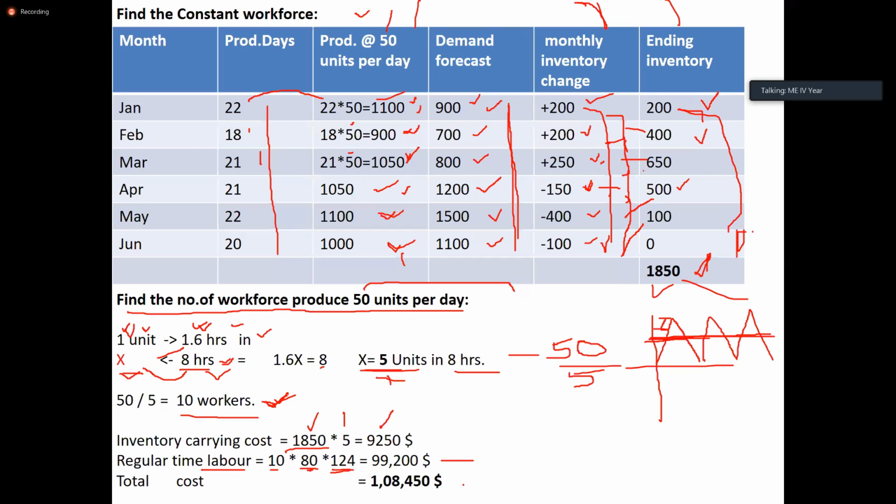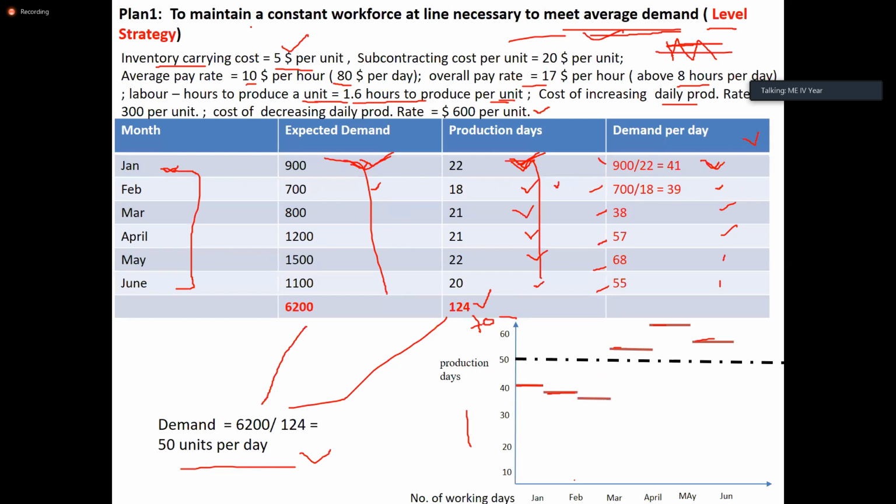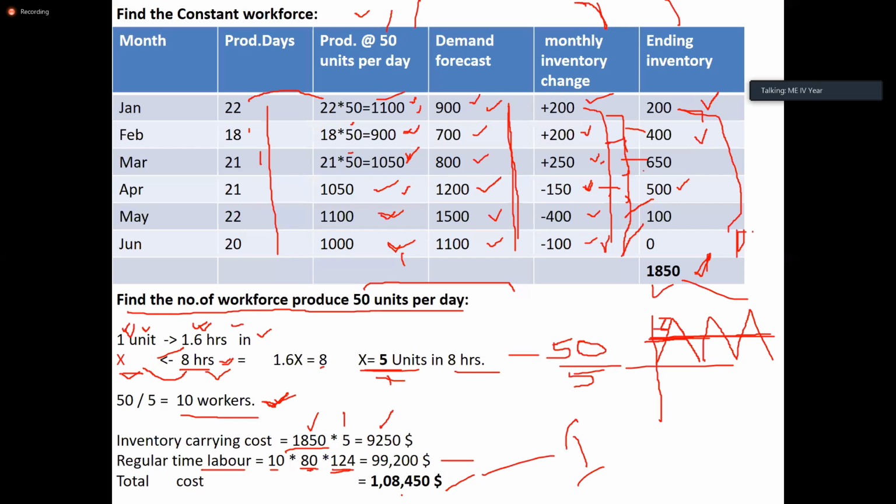So totally the total cost would be 1,08,450. Remember, this is 1. This 1 is when I'm using plan 1, that is level strategy. So I am calculating, and the amount is coming 1,08,450.